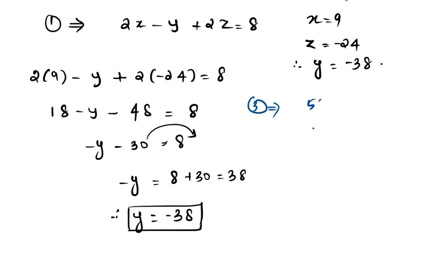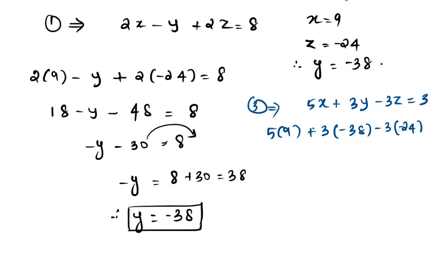Here we have 5x plus 3y minus 3z is equal to 3. So 5 into 9 plus 3 into minus 38 minus 3 into minus 24 should be equal to 3. If I solve all this, I should get the answer 3. 9 5s are 45.